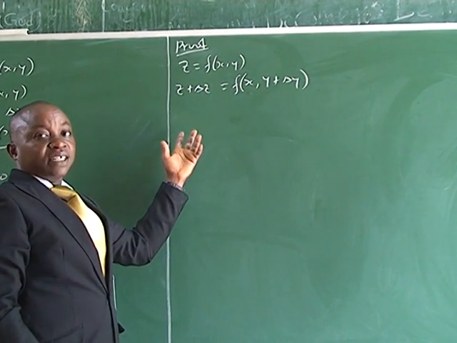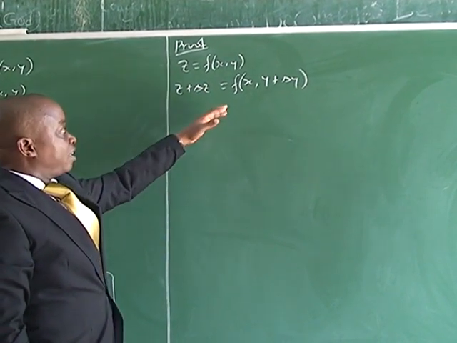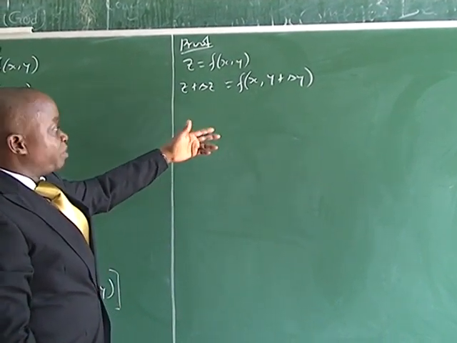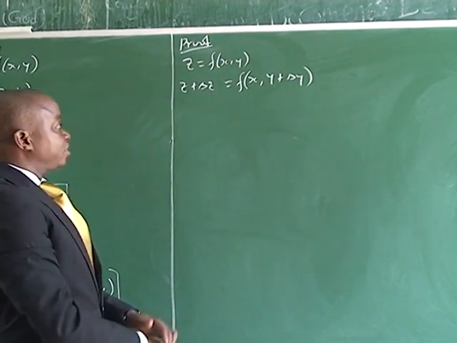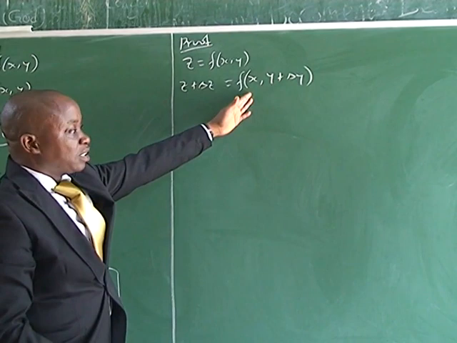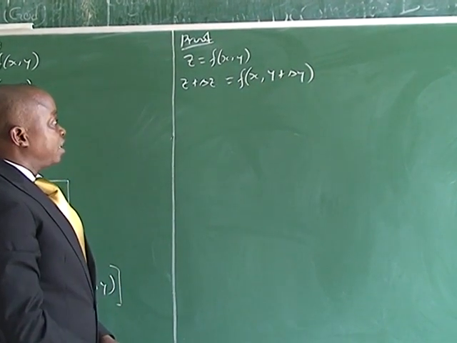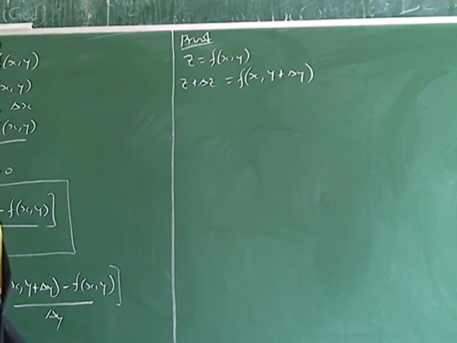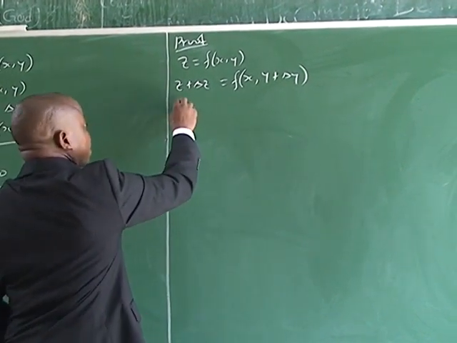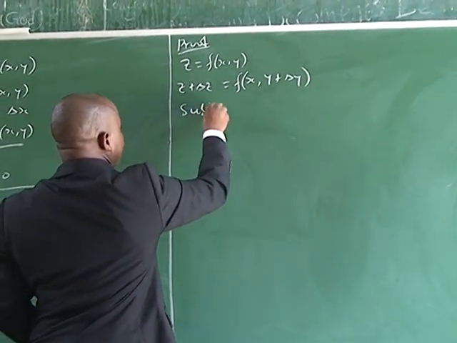So x is partial this way, as if x doesn't exist. You see, we share the changes to z, we share to y, but x is there without any change.